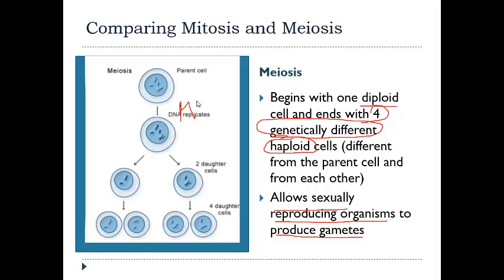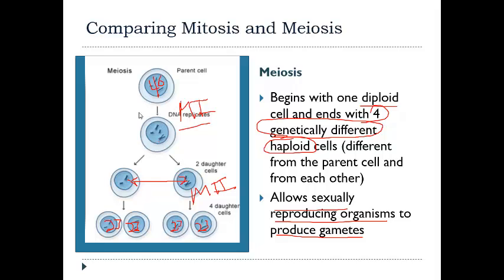So in meiosis, a little bit different. We have meiosis 1, so we have 2 rounds of division, and we have meiosis 2 occurring to give us these 4 cells. And remember, we start with 46. We still have that duplication. There's the sister chromatids, but in this case, those homologous chromosomes get pulled apart in the first division, meiosis 1, and in meiosis 2, we have the sister chromatids getting pulled apart to make those genetically unique haploid cells with 23 chromosomes in the case of humans.